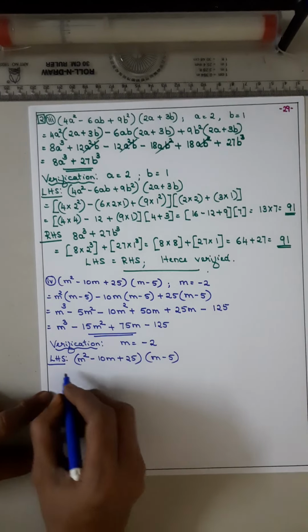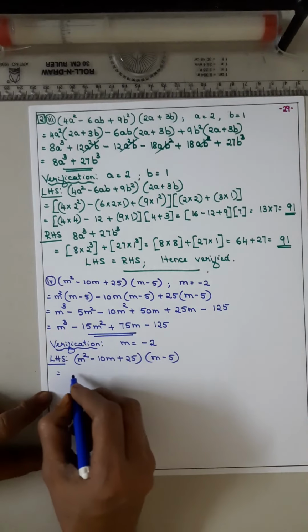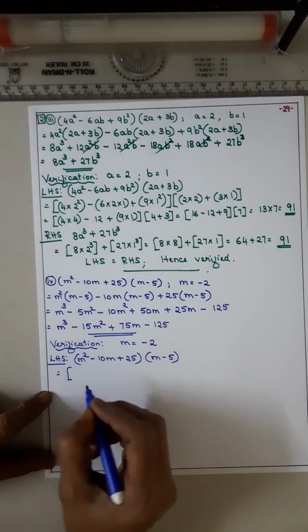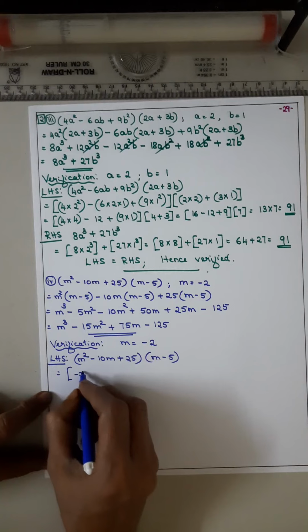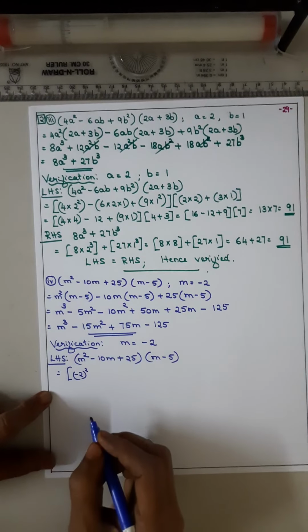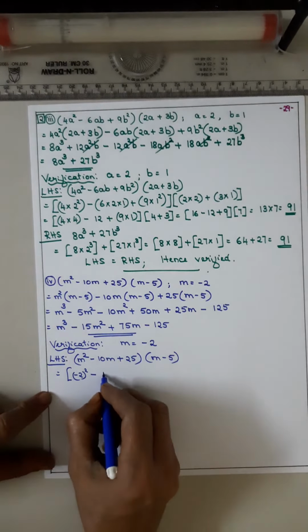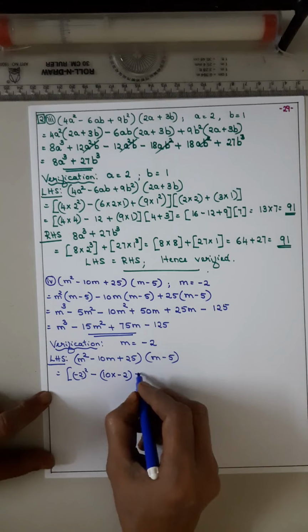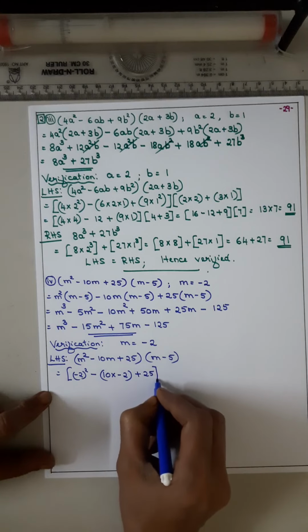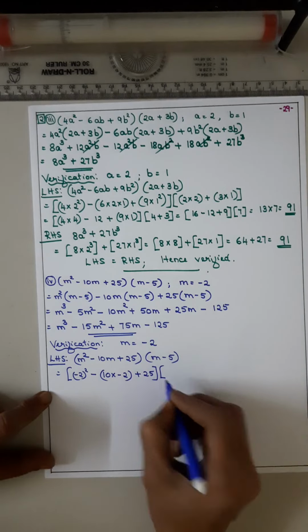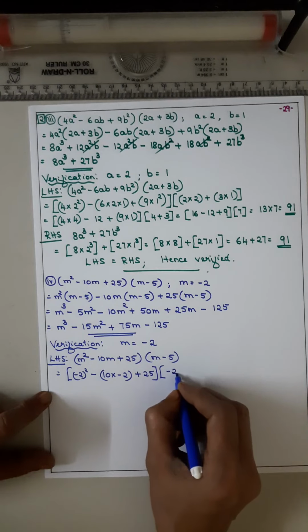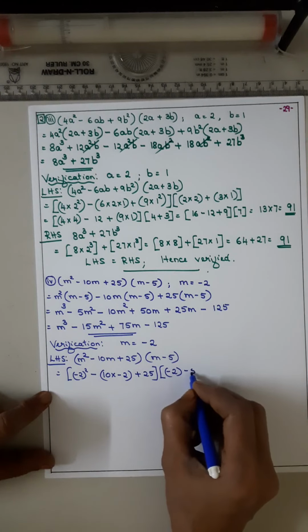Okay, it is m squared means -2 squared, then it is minus 10 into -2 put within the bracket plus 25, bracket close, again square bracket open, -2 minus 5.